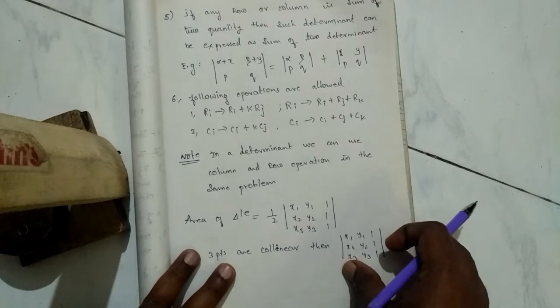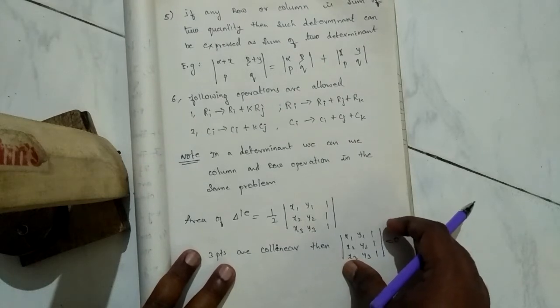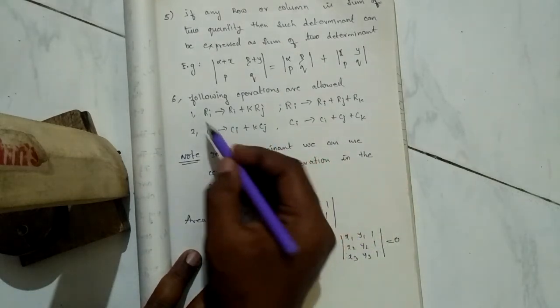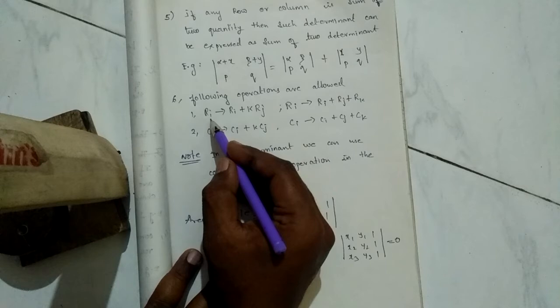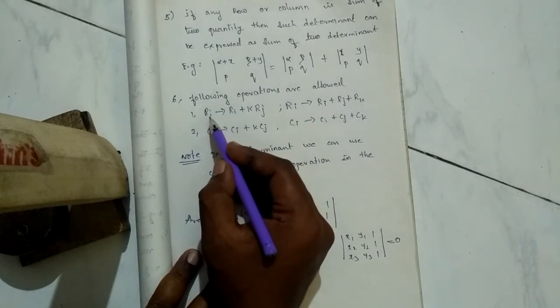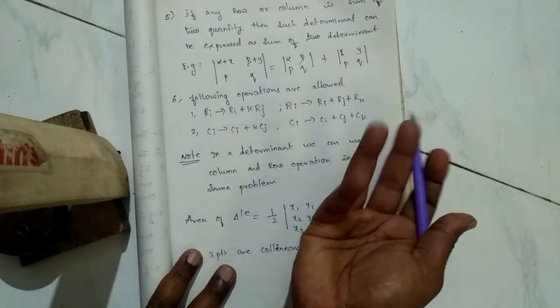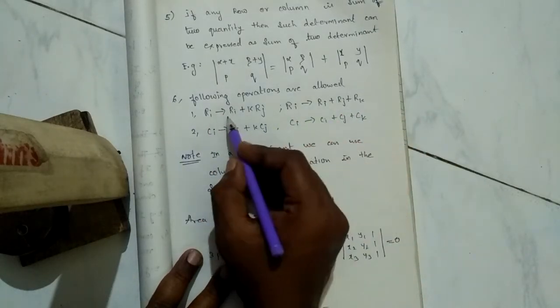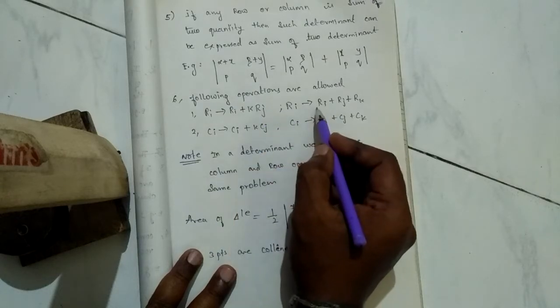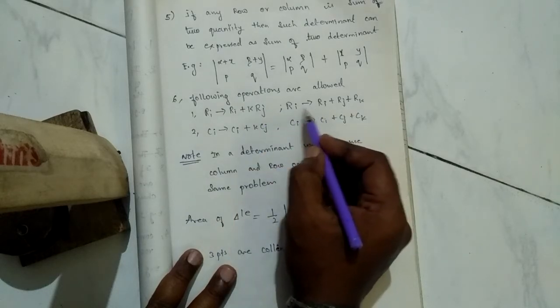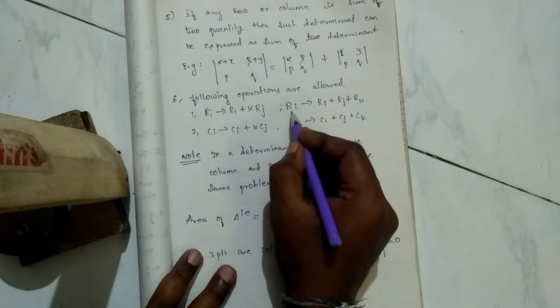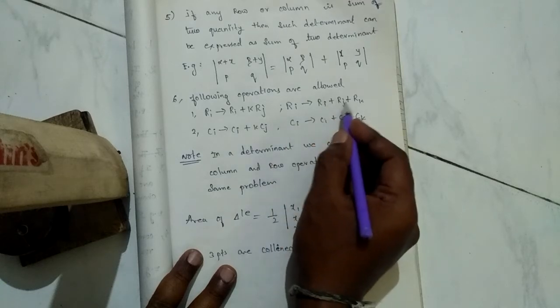Property number 6 now. Already you studied about this one. This is there in the elementary transformation, which is Ri tends to Ri plus K times Rj. This is applicable, and this also you can apply, it is acceptable: Ri tends to Ri plus Rj plus Rk.